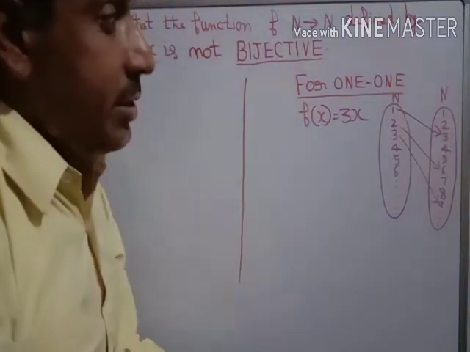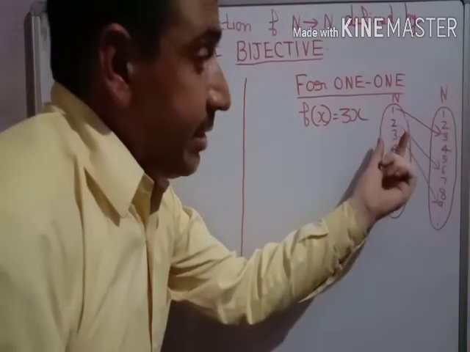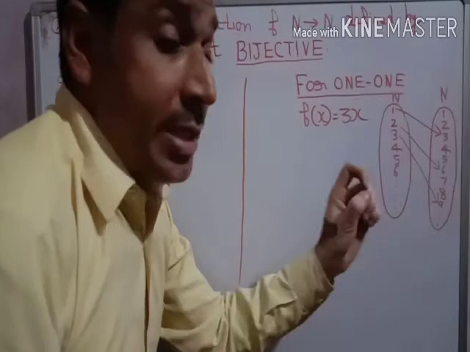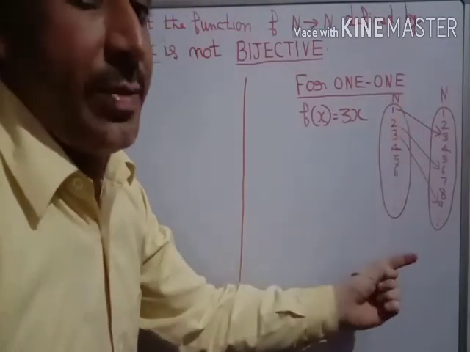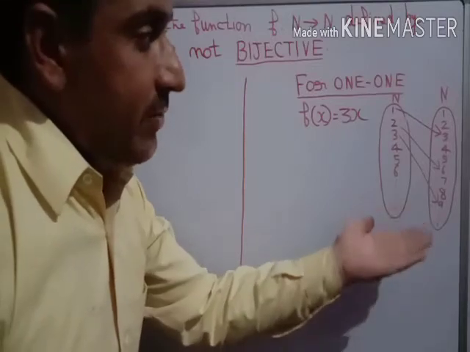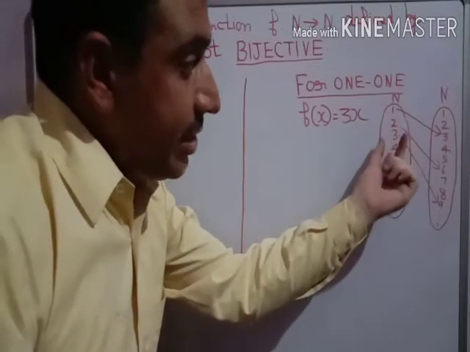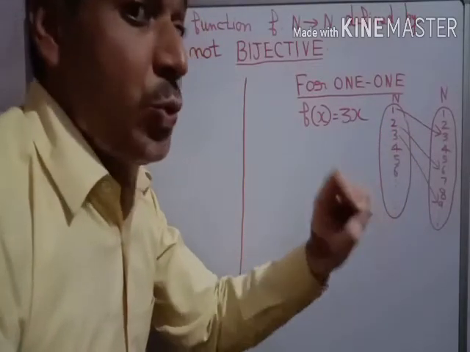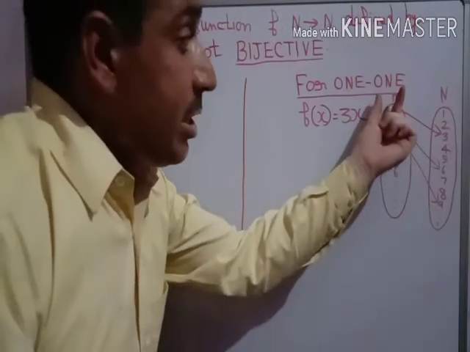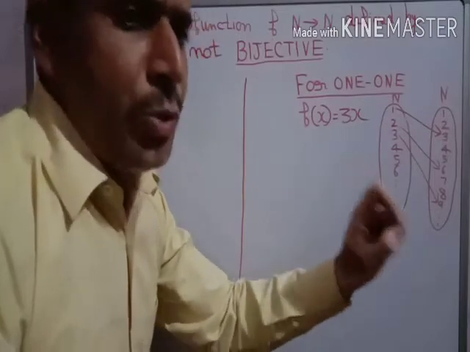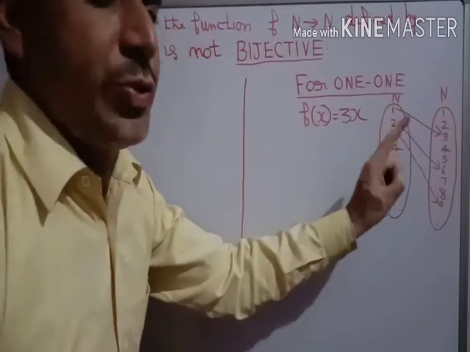It means every element in the domain has only and only one image in the codomain. Once again, you can see every element in the domain has only one image in the codomain. डोमेन के हर एलिमेंट की केवल और केवल एक ही इमेज है उसकी कोडोमेन में.